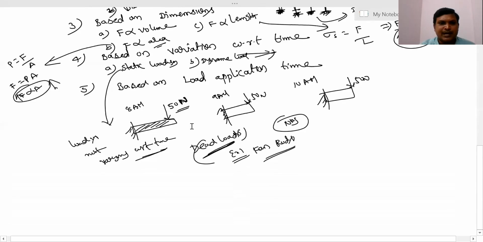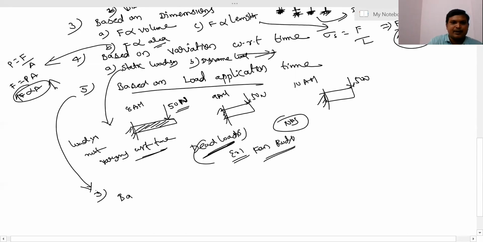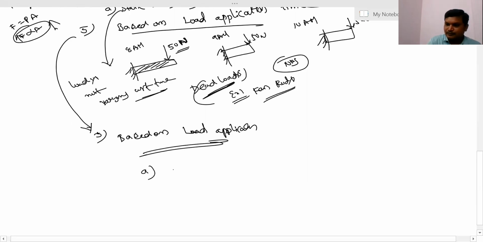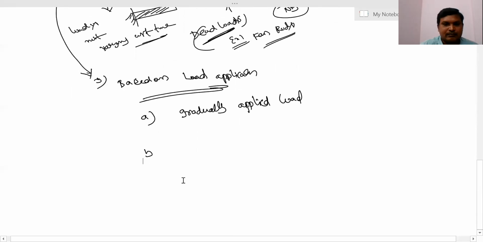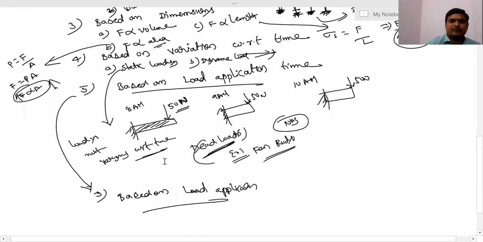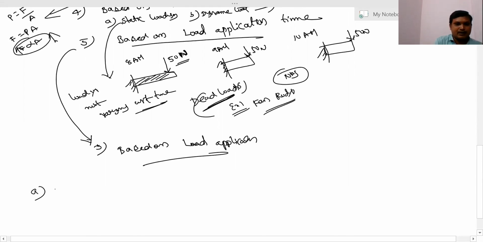And the last one is a very important aspect from a strength of materials point of view: based on load application. A, gradually applied load.